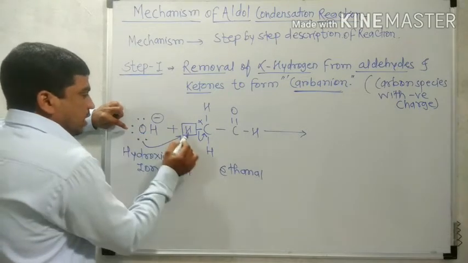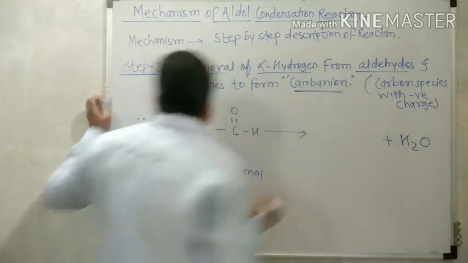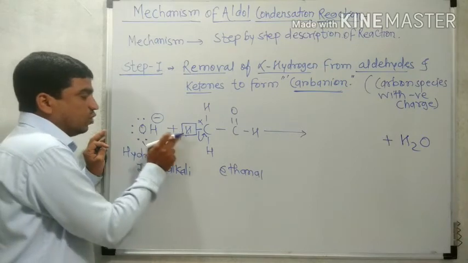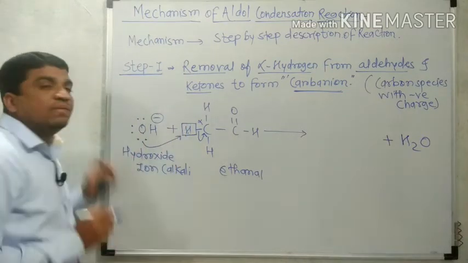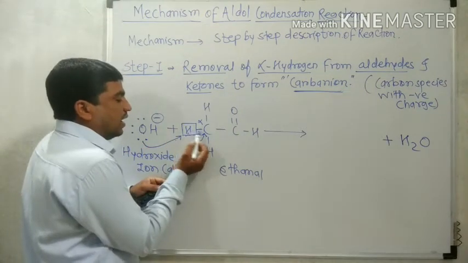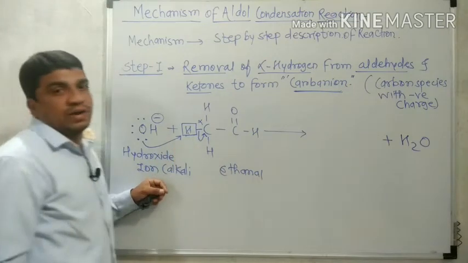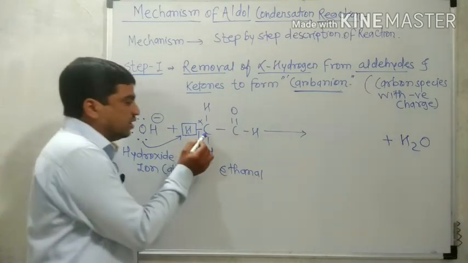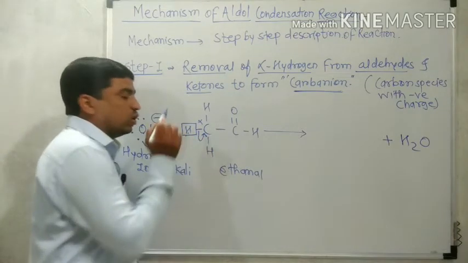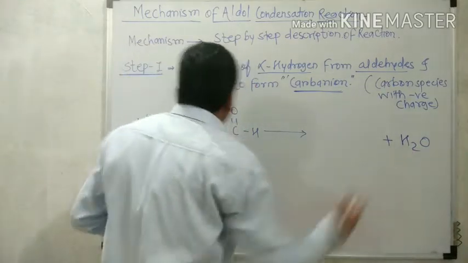Therefore the formation of H2O, that is water, takes place. After this, the bond pair between carbon and hydrogen shifts toward the carbon atom, because carbon is more electronegative than hydrogen. So this hydrogen gets removed with OH to form H2O.